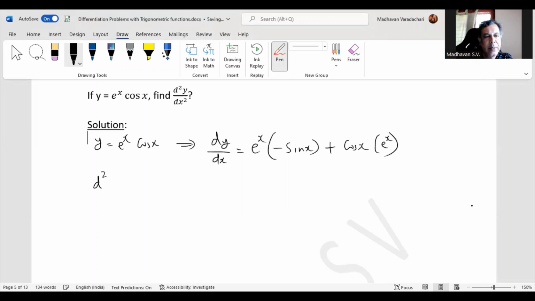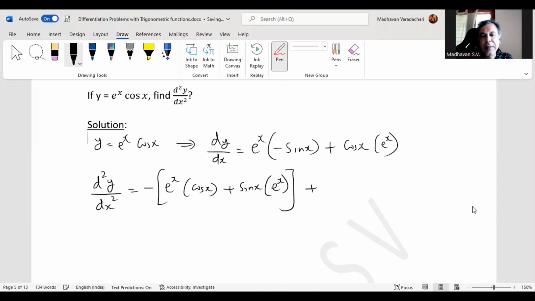Now the second derivative d2y by dx square will be minus of, we will keep e power x, and if I differentiate sin x, it is cos x, plus sin x will retain. If I differentiate e power x, it is e power x. Then the next one, plus we will retain cos x. If I differentiate e power x, it is e power x, plus e power x. If I differentiate cos x, it is minus sin x.